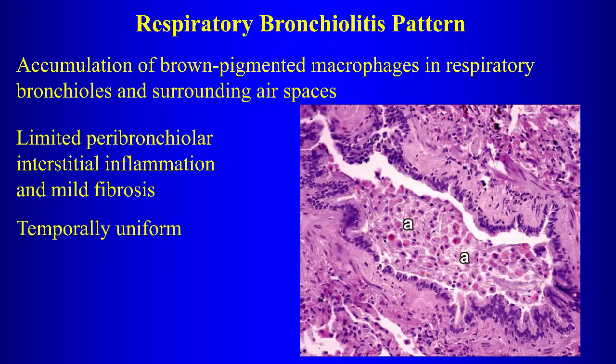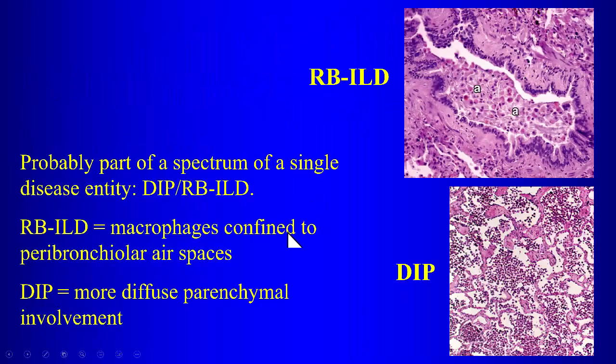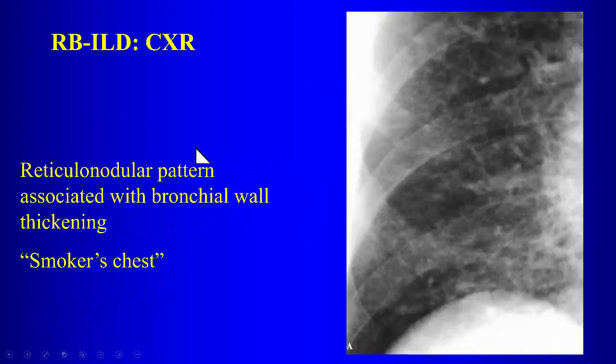So RBILD is if the patients are symptomatic: respiratory bronchiolitis interstitial lung disease, okay? So again, it's probably the same spectrum as DIP, only the location of where these macrophages accumulate is different. Alveolar air spaces for DIP, around or in the centrilobular bronchiole for RBILD.